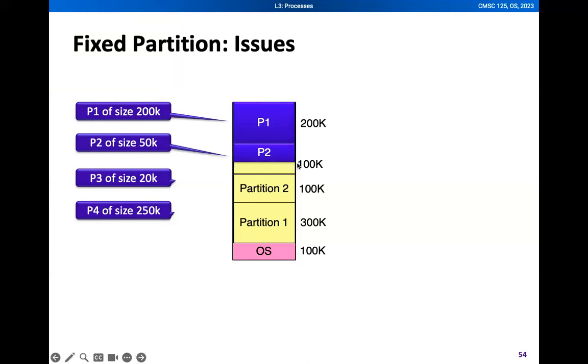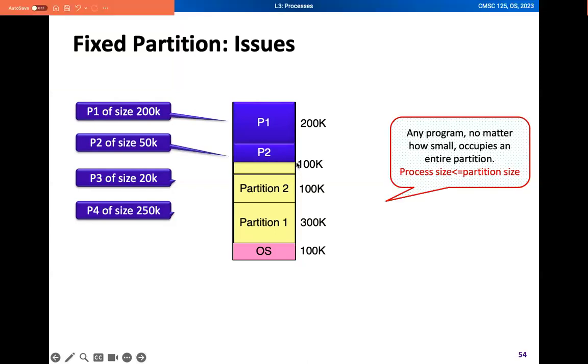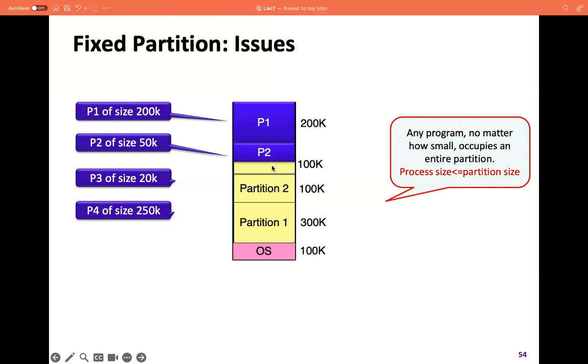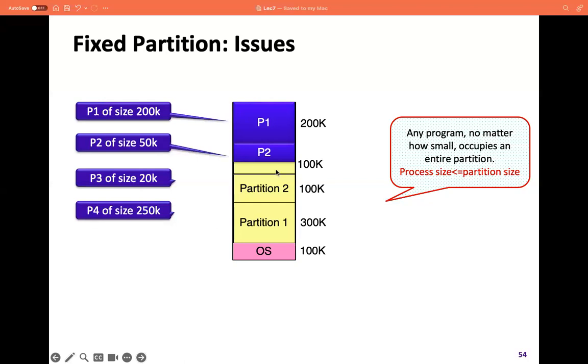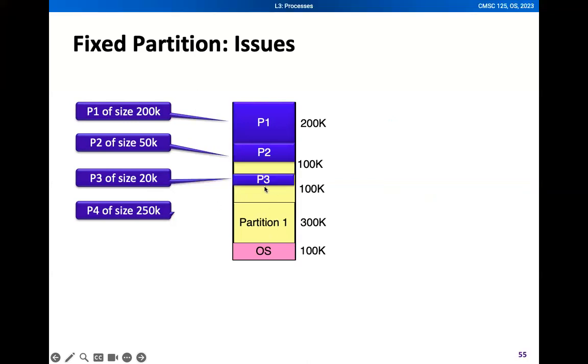As you can see here, there are some spaces that are not occupied or free, because we mentioned that in the fixed partition, any program, no matter how small, occupies an entire partition. So the process size may be less than or equal to the partition size. So we load P2 here, and for P3 of size 20K, the most optimal partition it could be loaded to is partition 2.